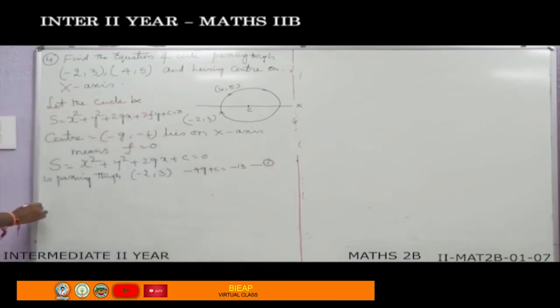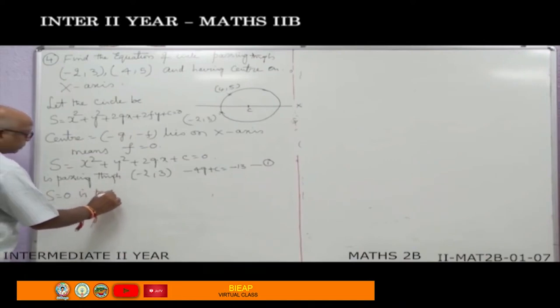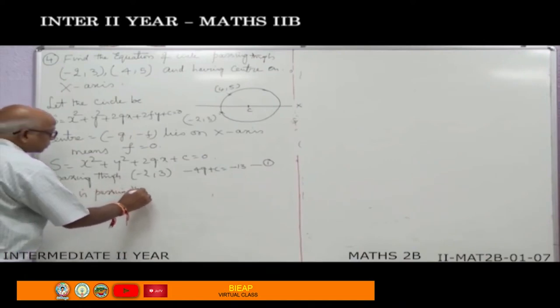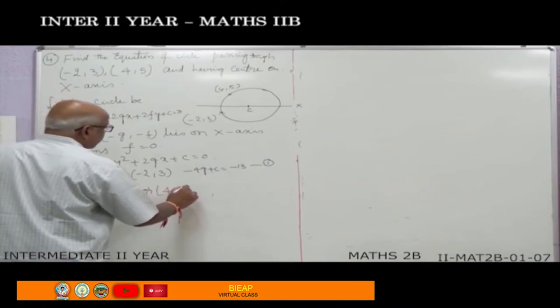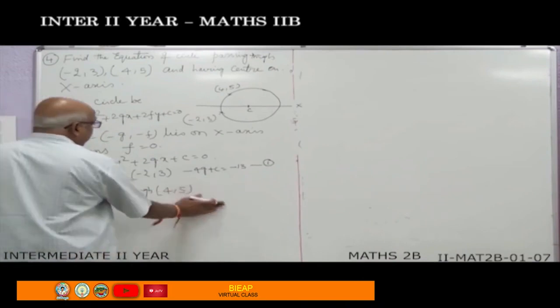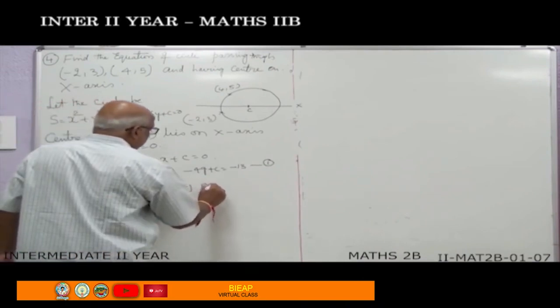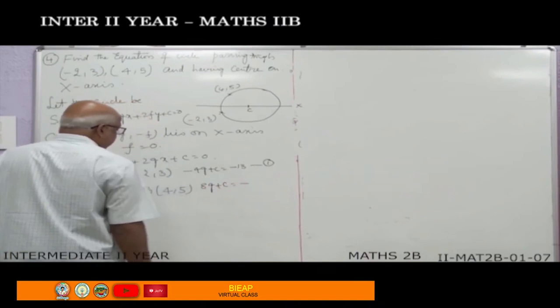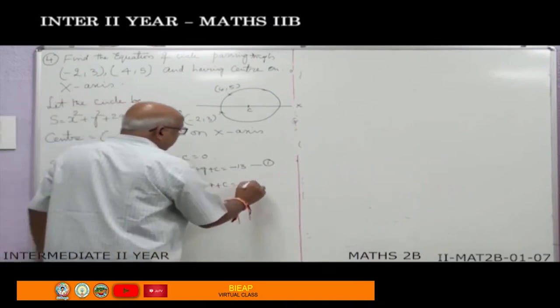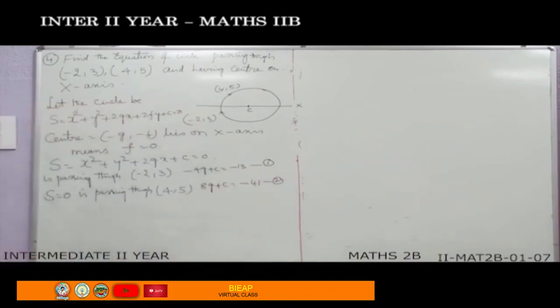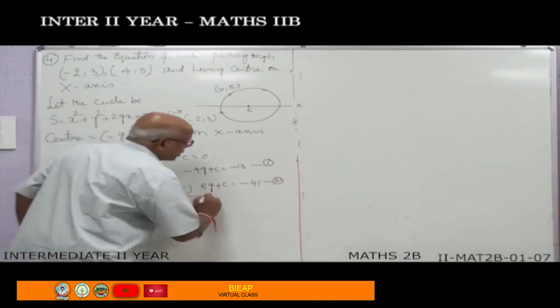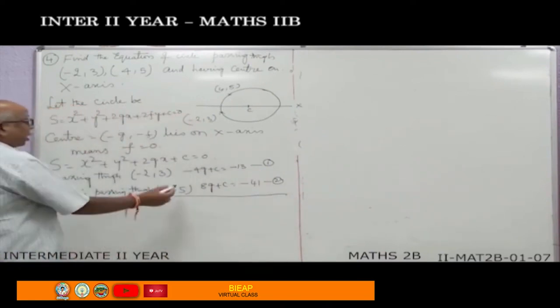S equal to 0 is passing through 4, 5. Then what will you get? 8g plus c equal to minus 16 plus 25, 41. Now let us solve these two equations for g and c, because already you knew f value.